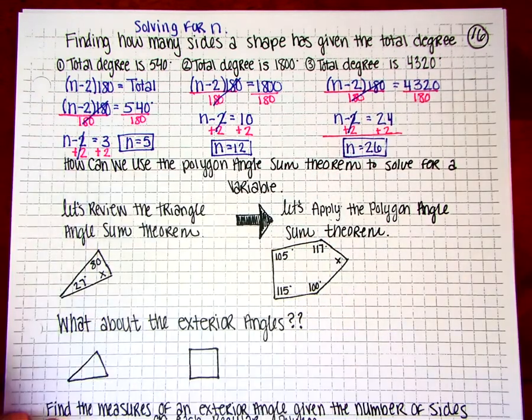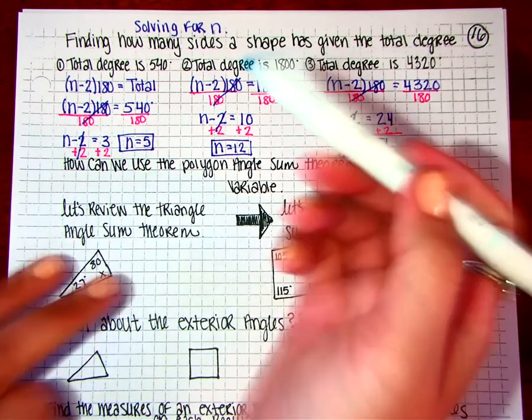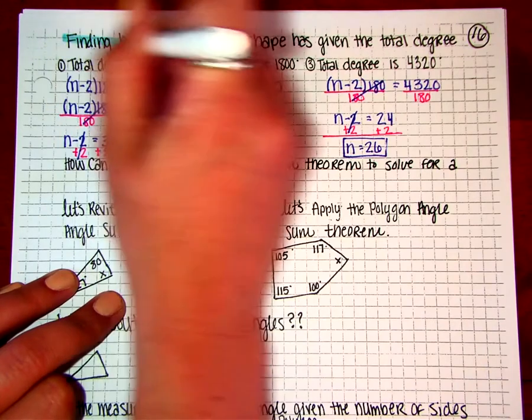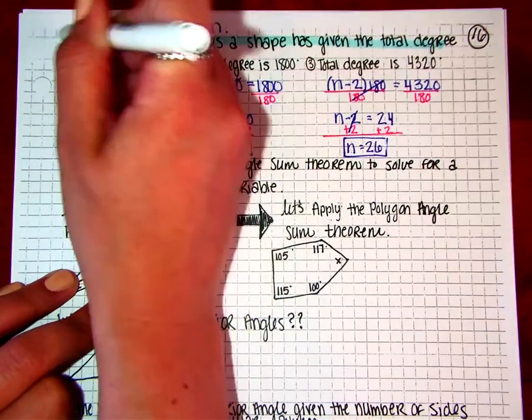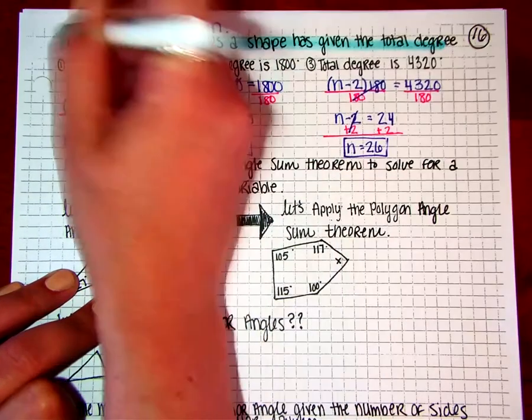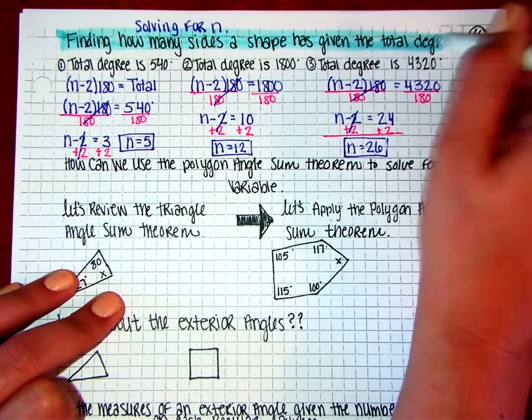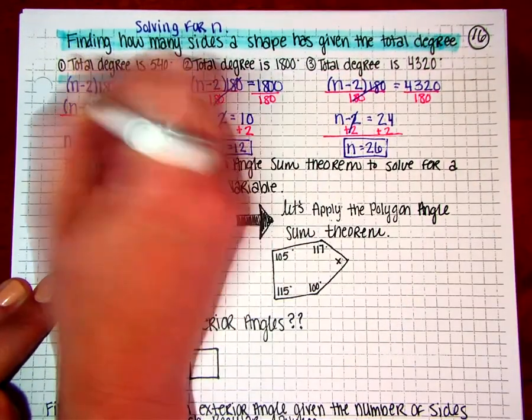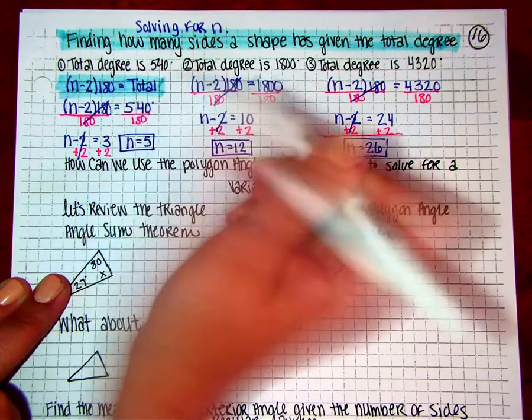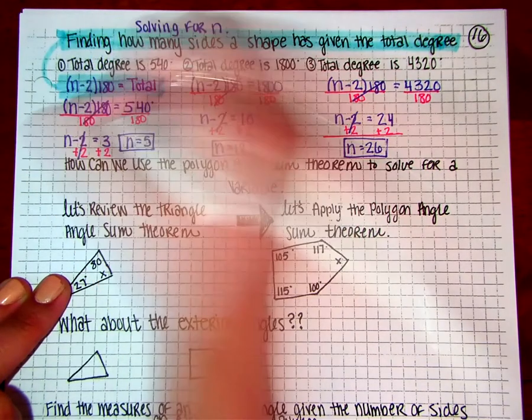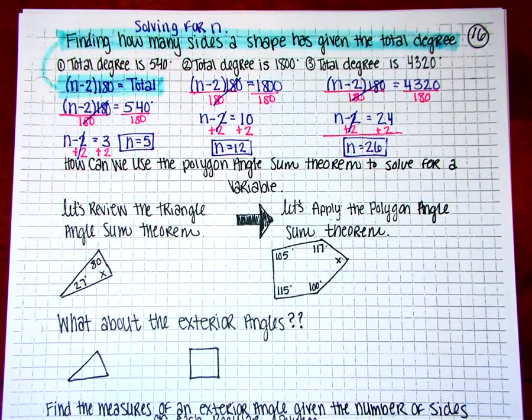So just some things that I want to remind you. Finding how many sides a shape has is fancy talk for just, okay, I'm going to use my n minus 2 times 180, but in this case, I'm going to actually know a total. Whereas before, I didn't know a total. Now I do. I just kind of work backwards.